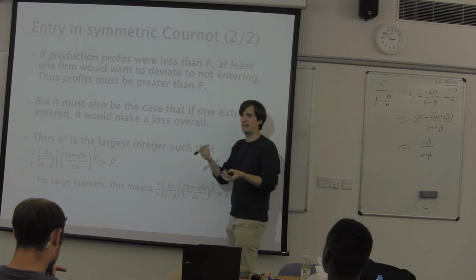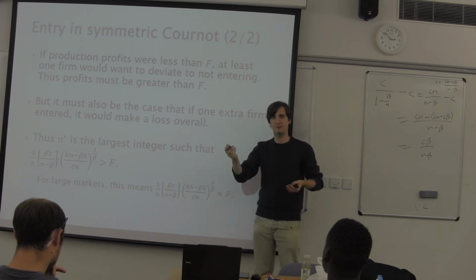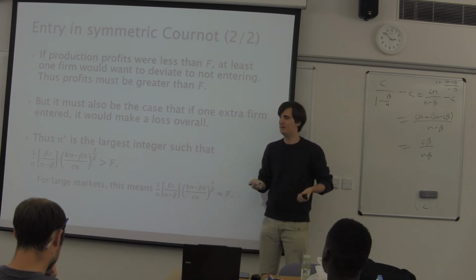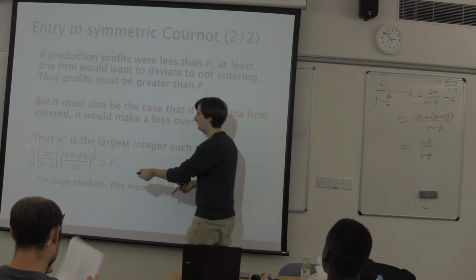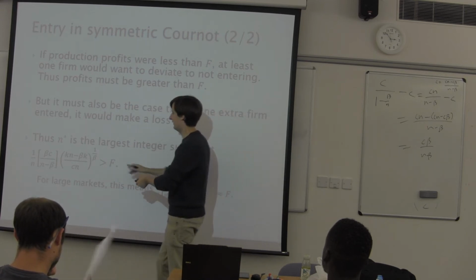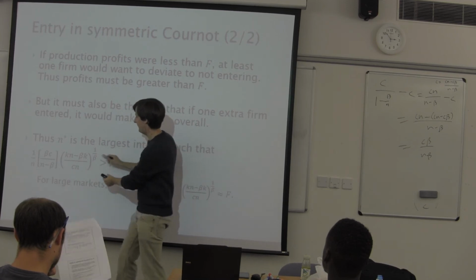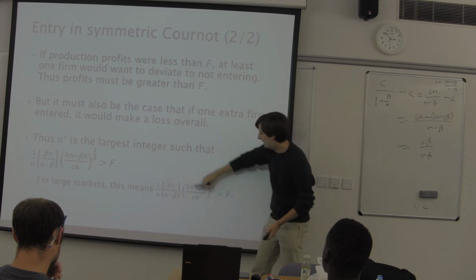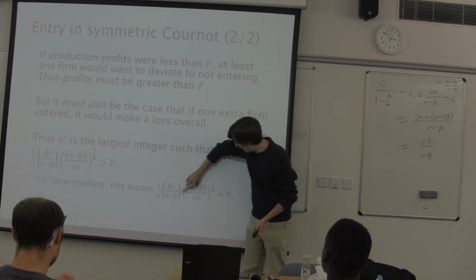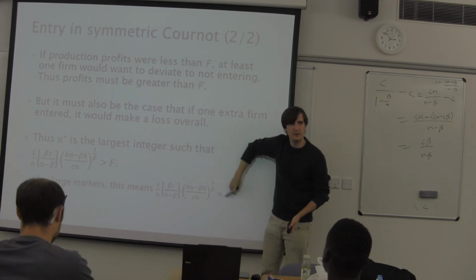The only complication is that you can't have 2.5 firms entering an industry. But for all practical purposes, under free entry, the cost of entry, F, is going to be roughly equal to the profits. This is what we've got written here. This is the production period profits. This is the cost of entry.